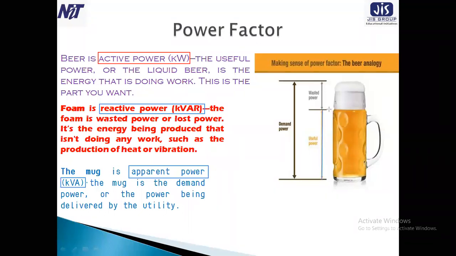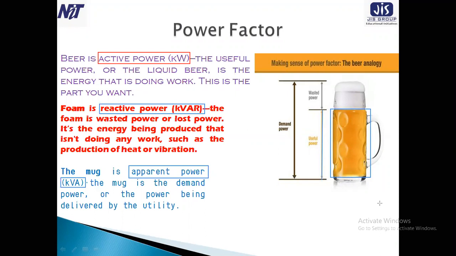That means you can say this part is actually the useful part, the liquid beer, which is available with this figure. The useful power or the liquid beer is the energy that is doing work. So this part is actually doing work in the system. So active power is actually doing work in the system. This is the part we basically want.